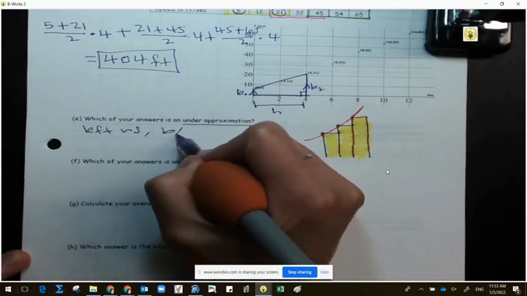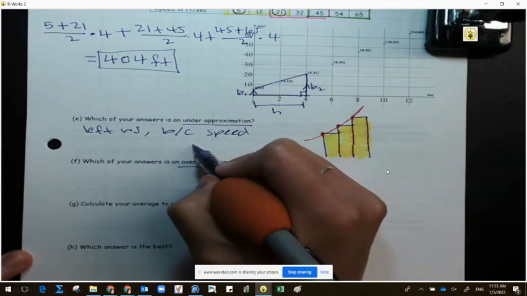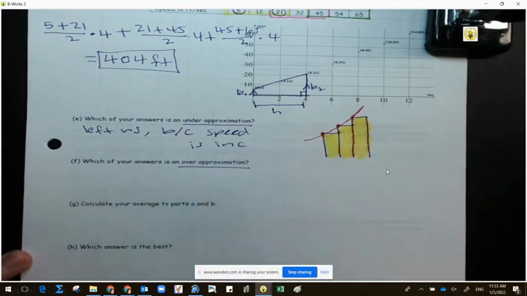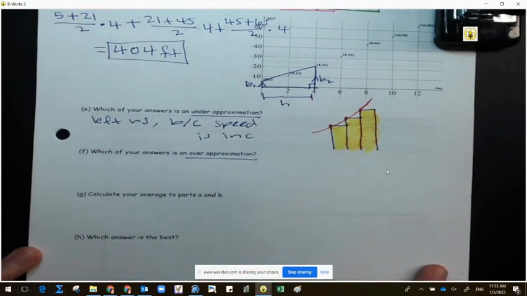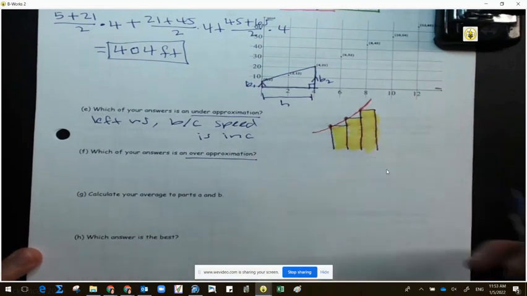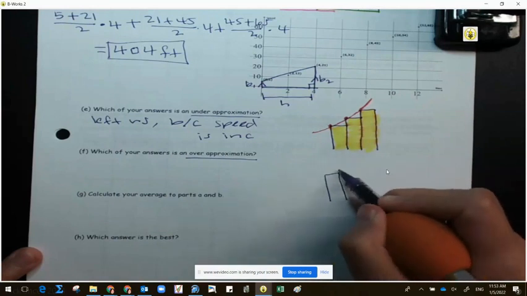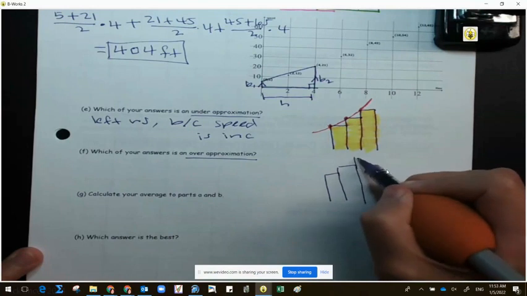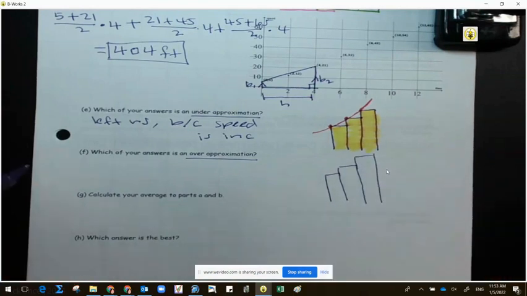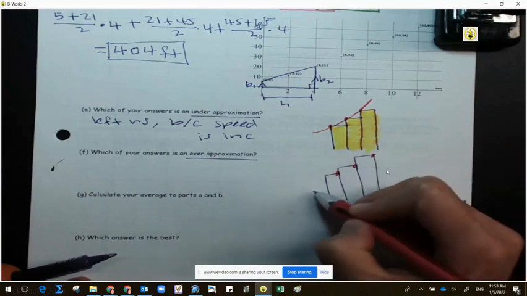And the reason is because the speed, because our speed was our y value, is increasing. If the speed is increasing, my left Riemann sum is always going to be under. Now let's draw another one just like this. And it's okay if it's not perfect. And this time, I want you to put a dot on the right side of each rectangle.